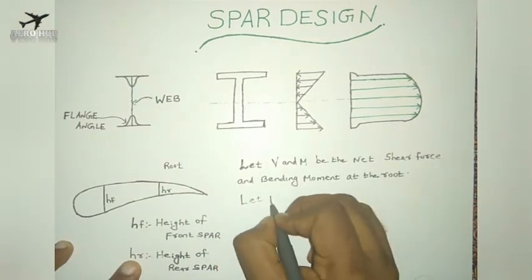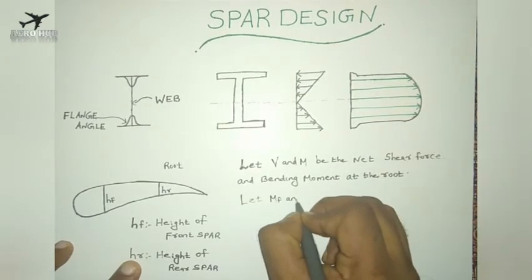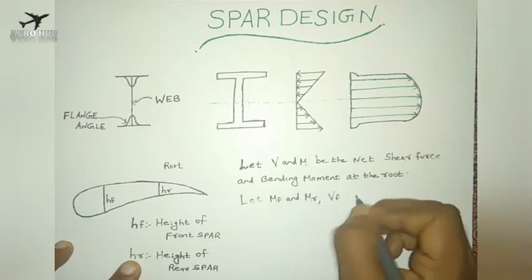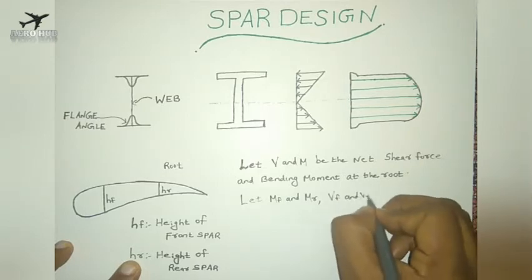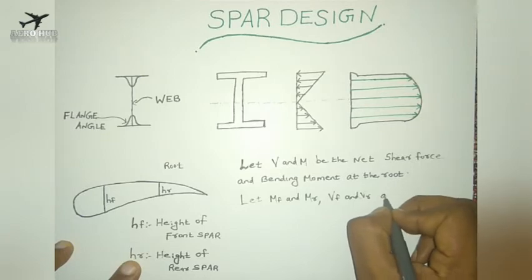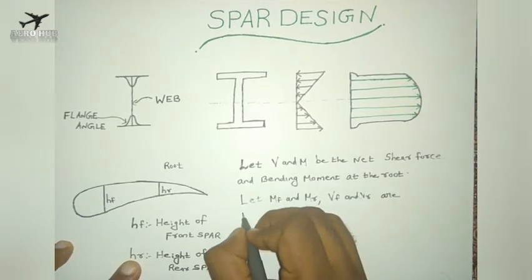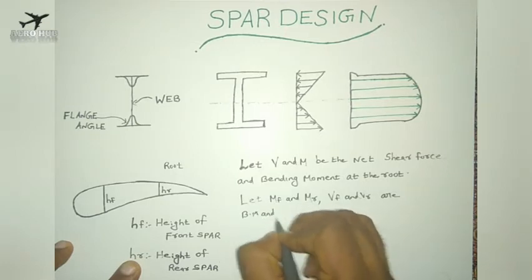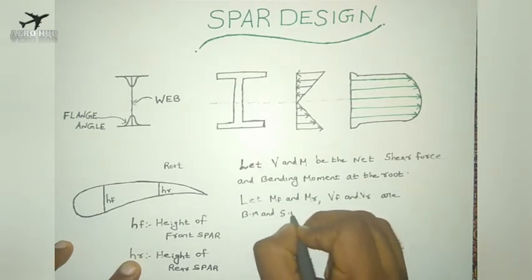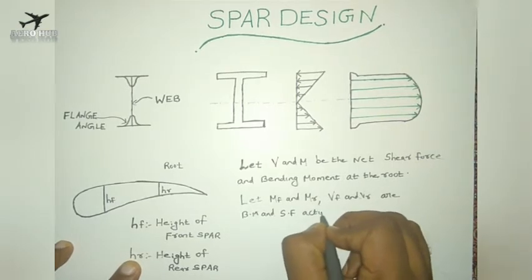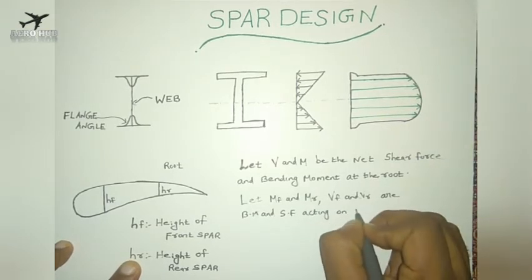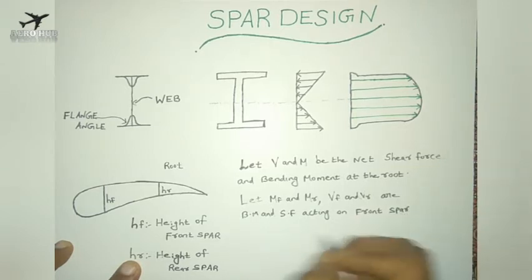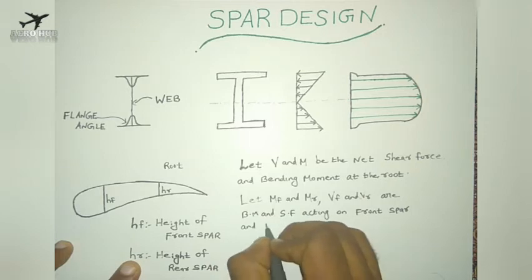MF and MR, VF and VR are the bending moment and shear force acting on the front spar and rear spar.